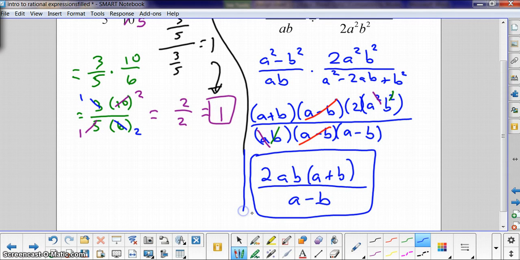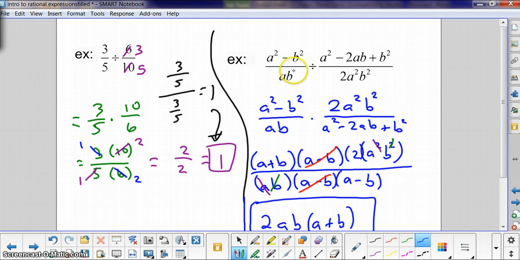Here's what I think the final answer should be. 2ab times the quantity a plus b divided by a minus b. You can see my work here shows I kept the original fraction the same, changed division to multiplication, and changed the second fraction to its reciprocal. Now I decided to factor the difference of two squares, a plus b, a minus b. I kept this as 2a squared b squared.